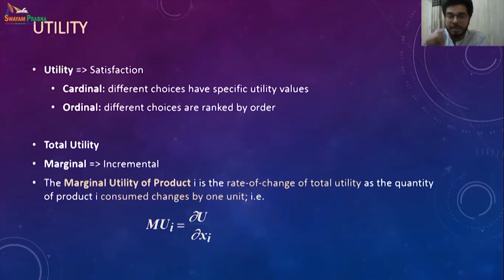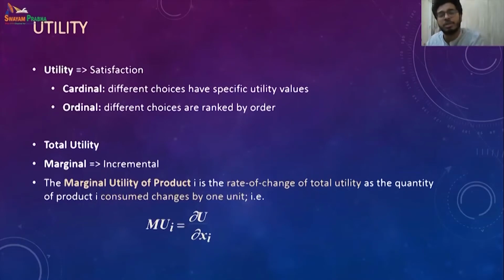Then my satisfaction will be different when I am having the second rasgulla, delta U by delta X2. So with every unit of sweet, my utility is changing. And i stands for which unit? For the third rasgulla, fourth rasgulla, fifth rasgulla, and so on.